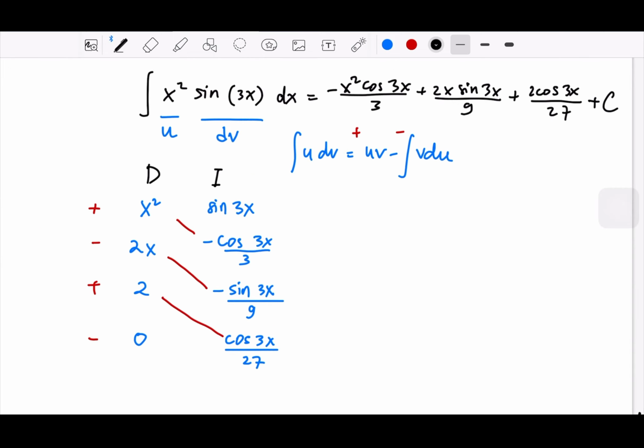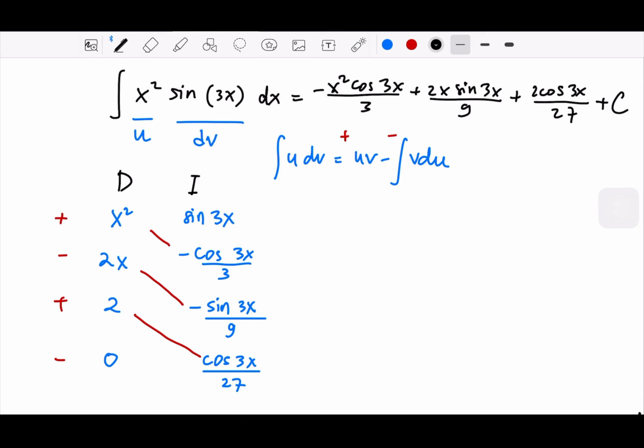Because this is an indefinite integral, so we need to make sure that we have a constant at the end. My suggestion is that you add this c at the very last part of your process. Sometimes when we add it in the middle, you will get confused on how the constant will be. So let me just add the constant at the very end of the process.